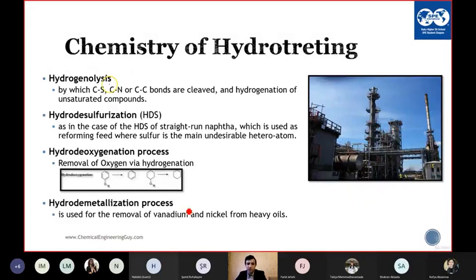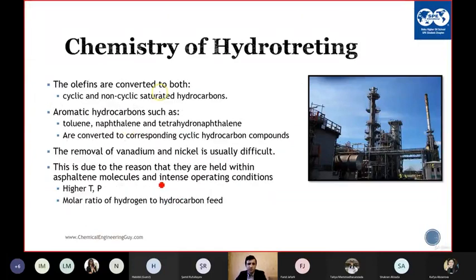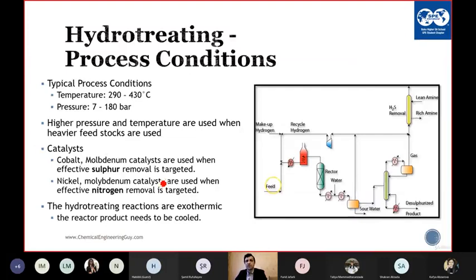But as I said, metals mostly deposit on the catalyst. Inorganic sulfur is converted to H2S. The organic sulfur compounds are these ones, and the hydrogenation reactions also take place during the hydrotreating processes. I would like to skip this one, and now let's talk about the hydrotreating process conditions.